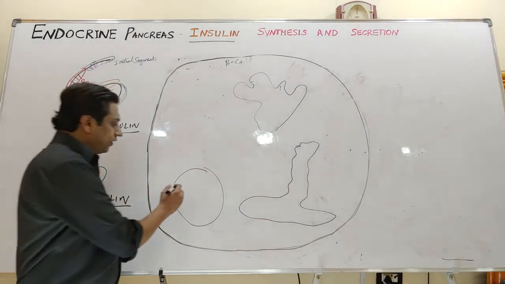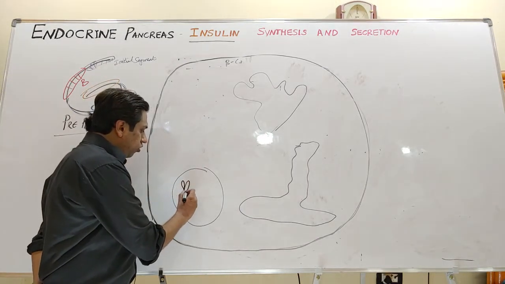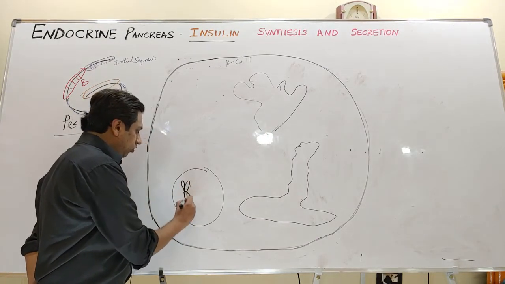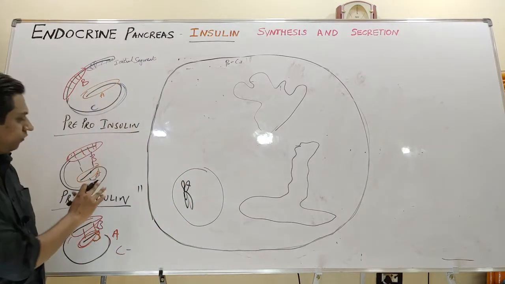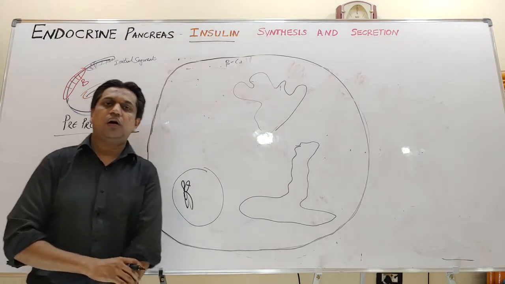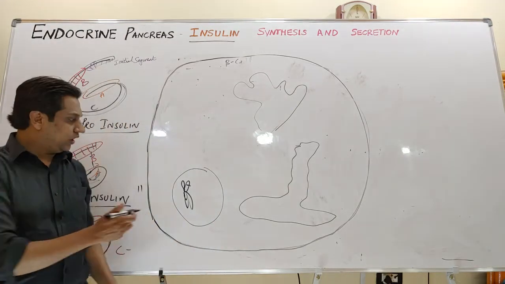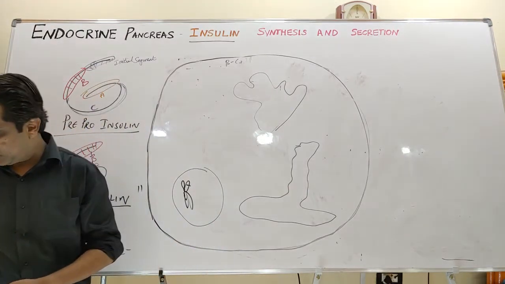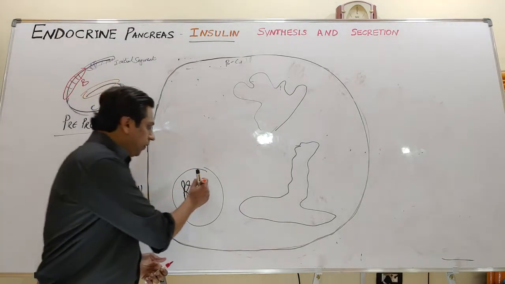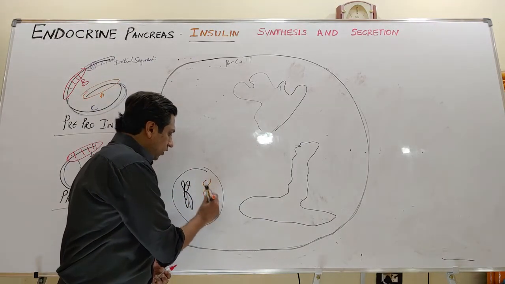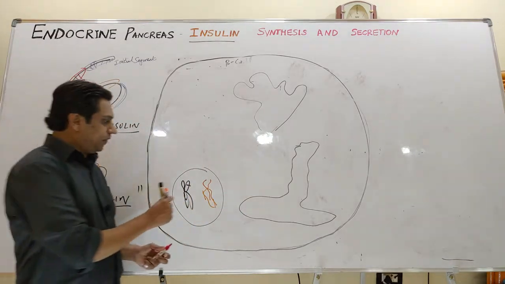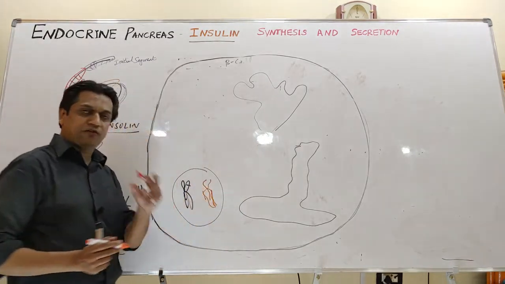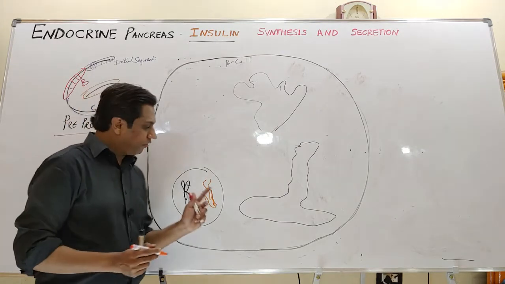In the beta cell, on the short arm of chromosome number 11, there is a gene for the synthesis of insulin. This gene will send a message to the DNA molecule of the beta cell to synthesize this polypeptide. So the first step is the transcription process, that is, formation of mRNA from the DNA.